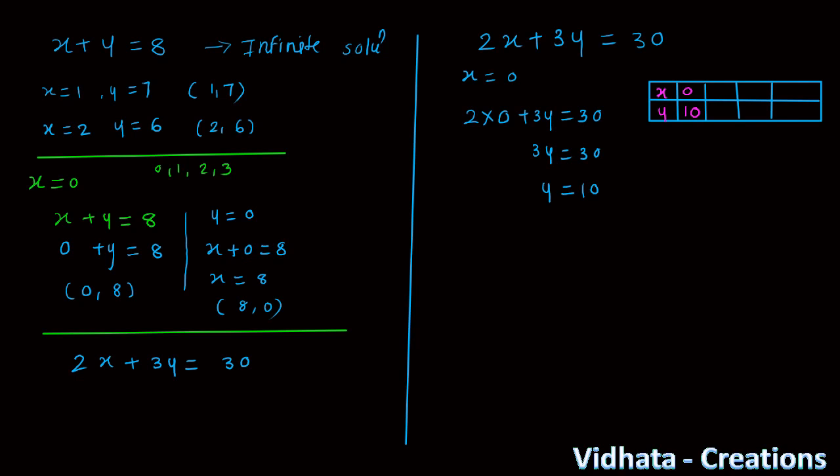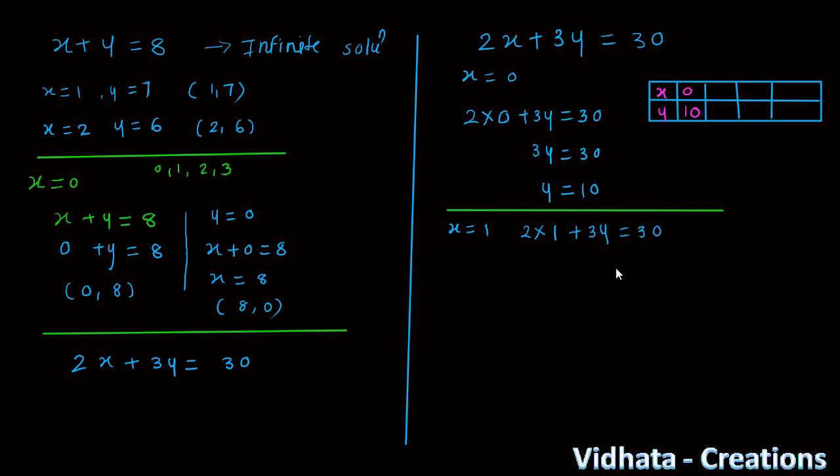Again, if you take another simple value of x, say now we use x is equal to 1. What will I get as the value of y then? Let us see. If I use x is equal to 1, then I get 2 multiplied by 1 plus 3y is equal to 30.